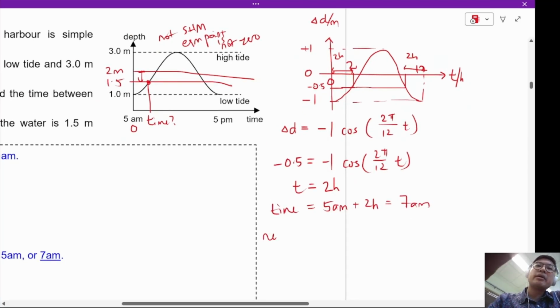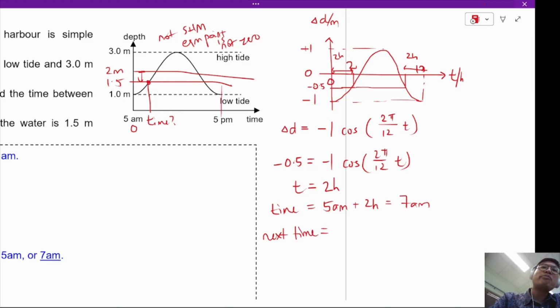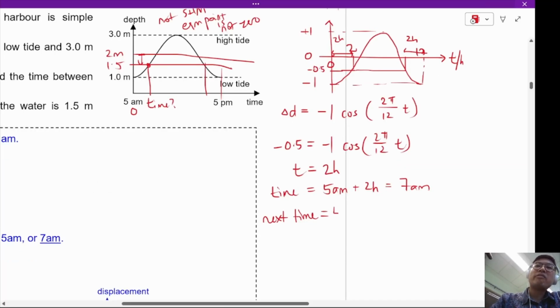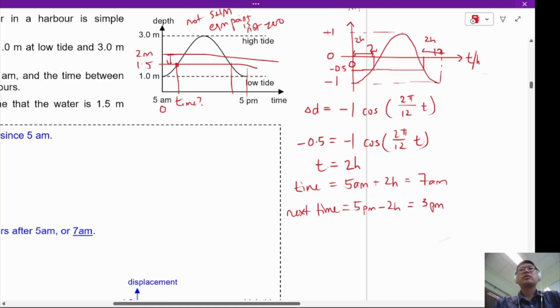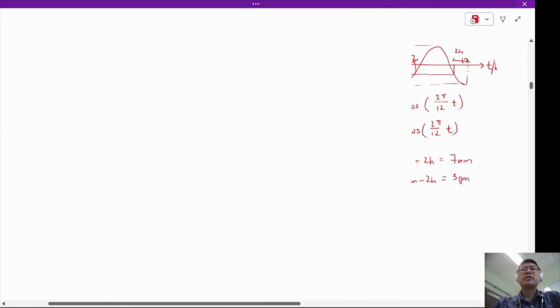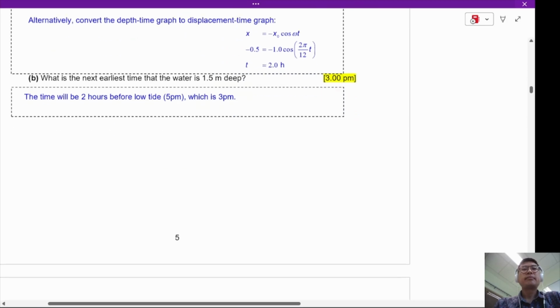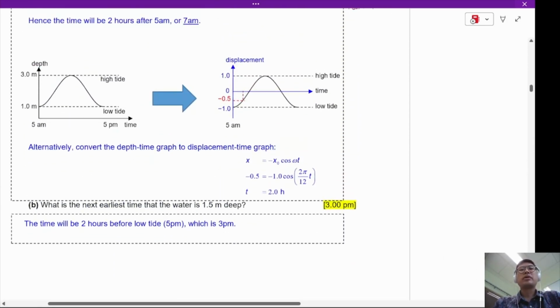So the next time that the height of tide will be 1.5 meters will be 5 p.m. minus 2 hours. That will be 3 p.m. Okay, so the tide will be 1.5 meters deep at 7 a.m. and 3 p.m. That's the end for questions 1 through 4.